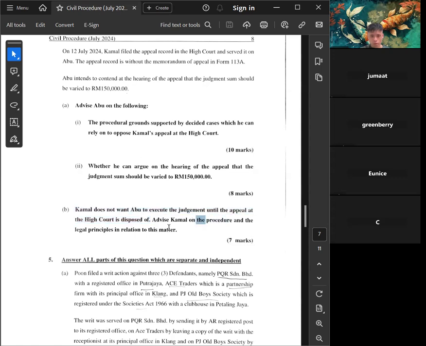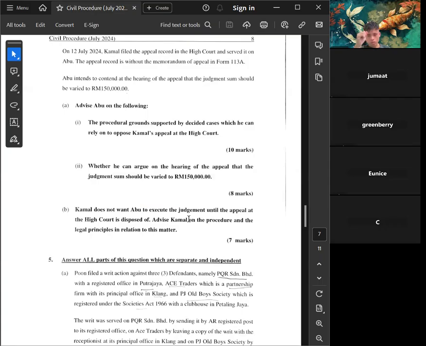And what are the procedures? I will tell you all later. When your general description of stay of execution is explained, the next step is the principles on which the court will grant a stay of execution.